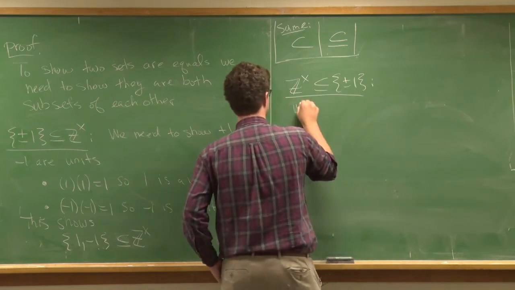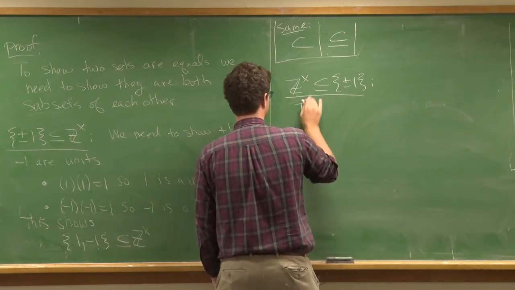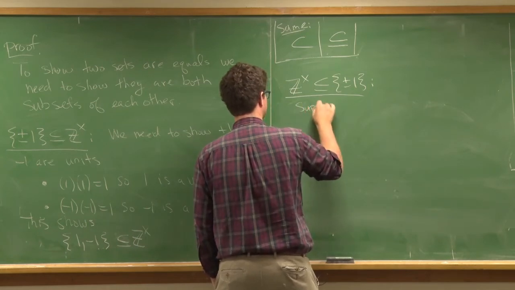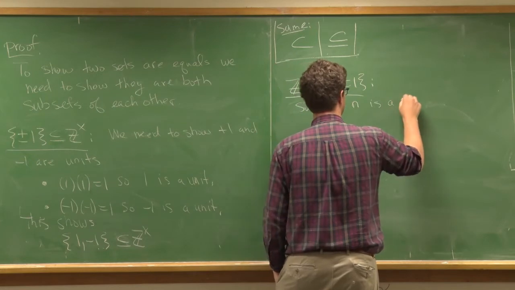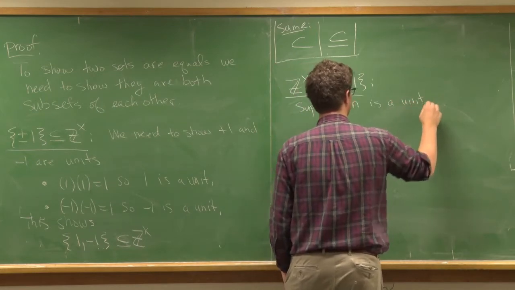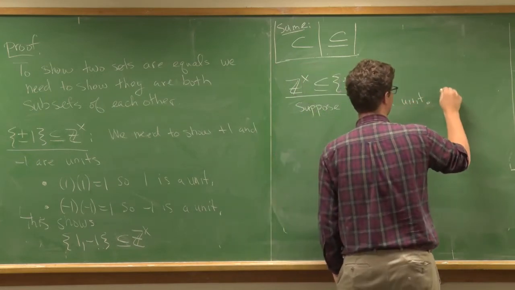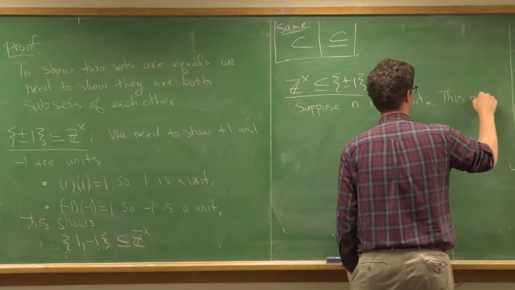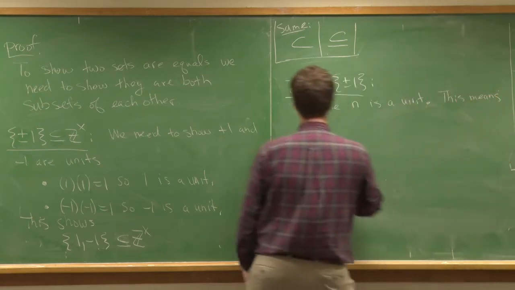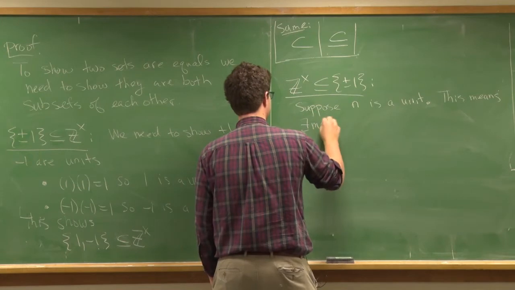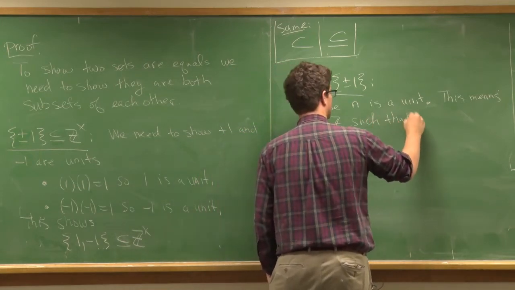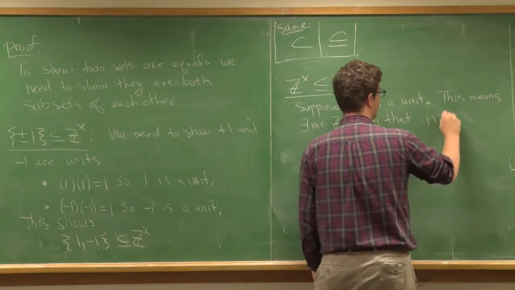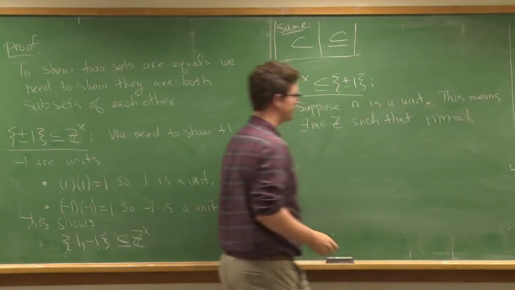OK, so suppose n is a unit. By definition, this means there exists some m in Z such that nm is equal to 1.